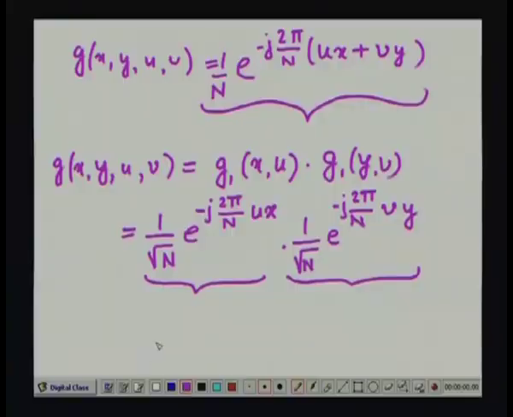The first transformation belonging to this class that we will talk about is called the discrete cosine transformation or DCT. Let us see what are the forward as well as inverse transform kernels of this transformation. So, now let us talk about the discrete cosine transformation or DCT.